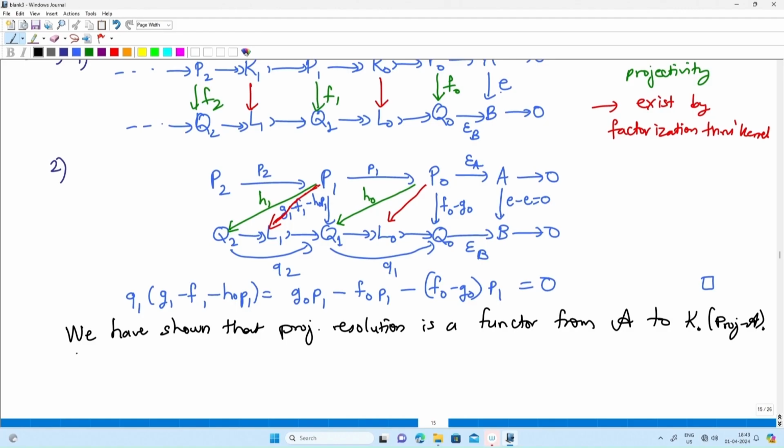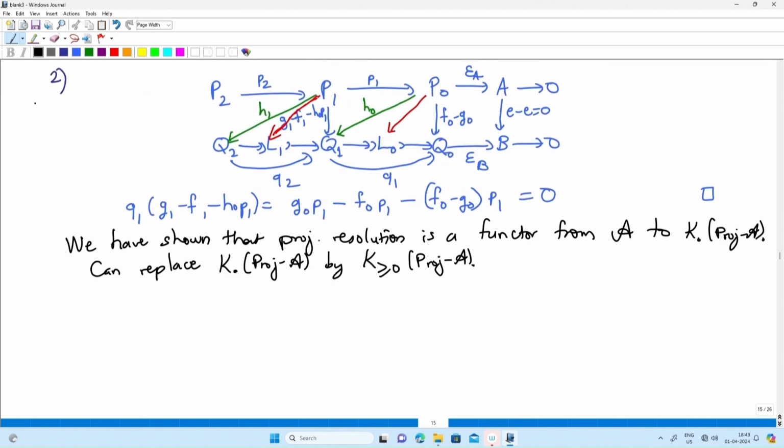Yeah, we can replace K dot of proj A by K bigger equals 0 proj A. Okay, so we are landing inside something very specific.